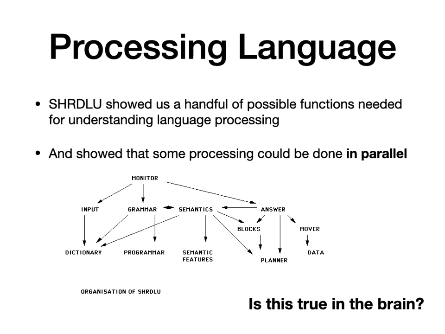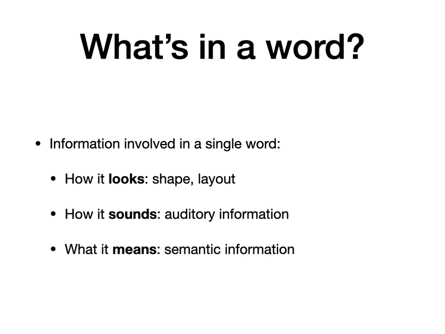But the question is, how does our brain do it? So the big question of today's investigation is, what's in a word, right? There's information involved in a single word, but there's a lot of different kinds you might not have thought of. There's how it looks, the exact shape and layout of the words in front of your eyes. There's how it sounds, the auditory information.